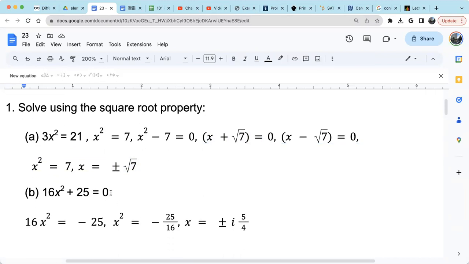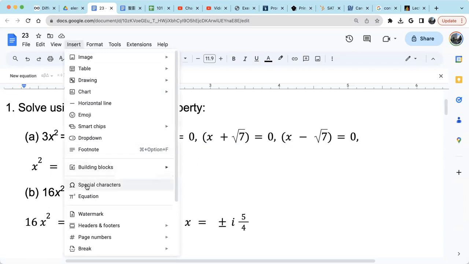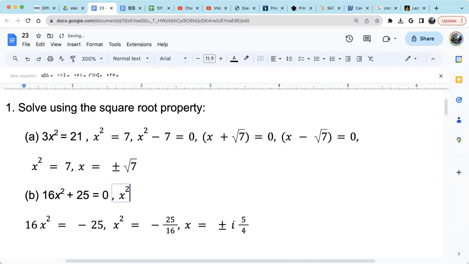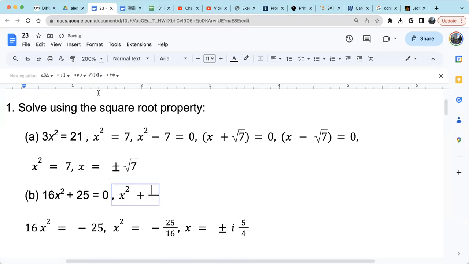For this one, similarly, we can think of difference of two squares. We divide by 16 on both sides. We have x squared plus 25 over 16 equals 0, right?